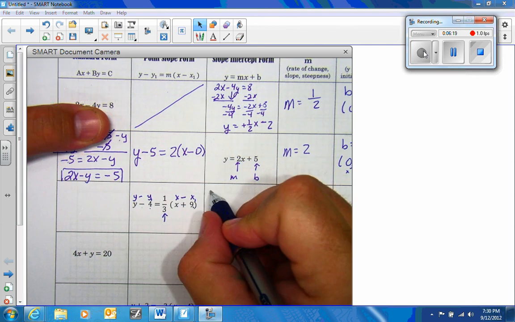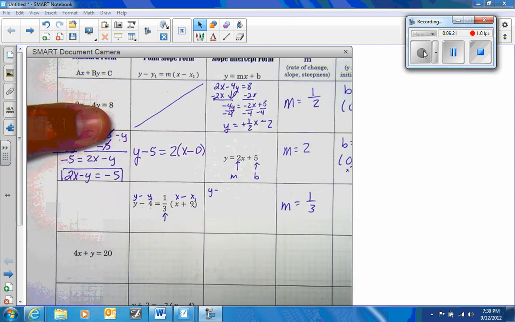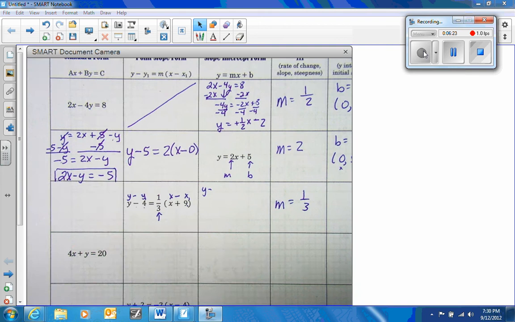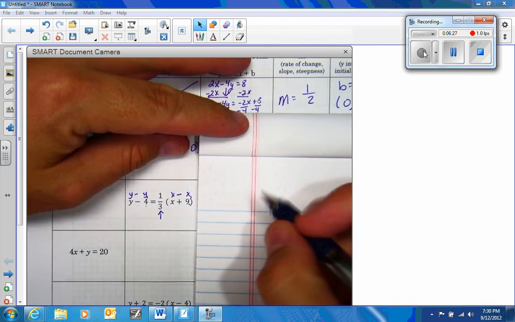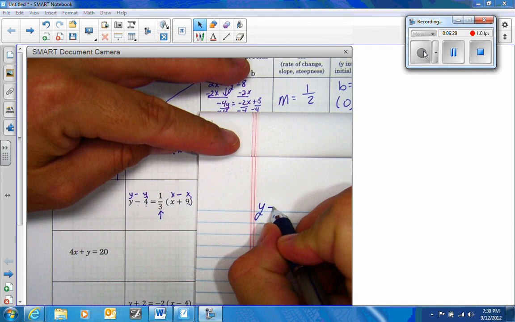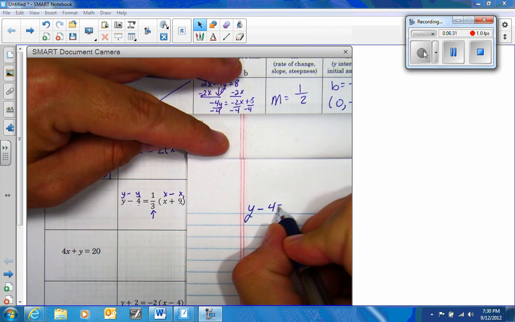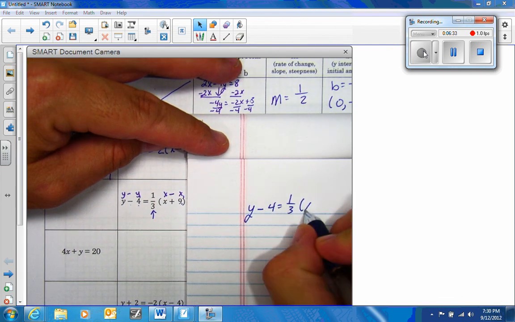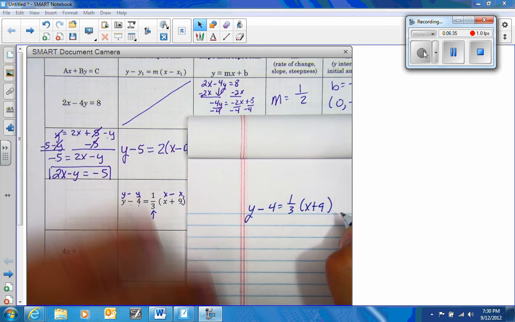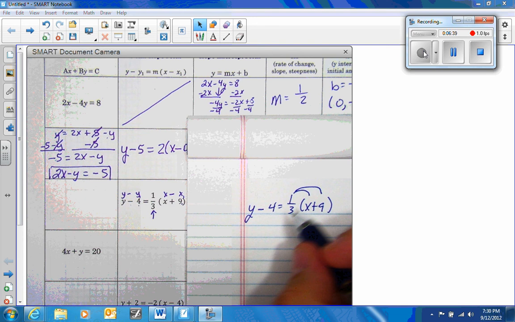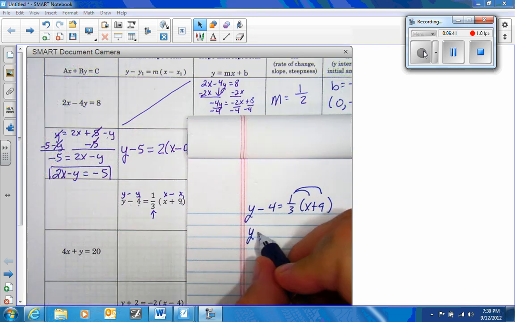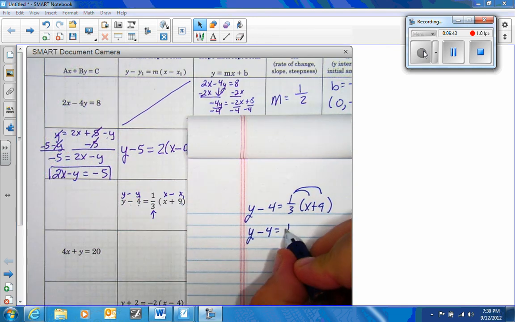I'm going to do this on a separate sheet of paper so I'll have more room. So if y'all will watch, I have y minus 4 equals 1/3 x plus 9. What I'm going to do is distribute here. I bring down y minus 4 equals 1/3 x.